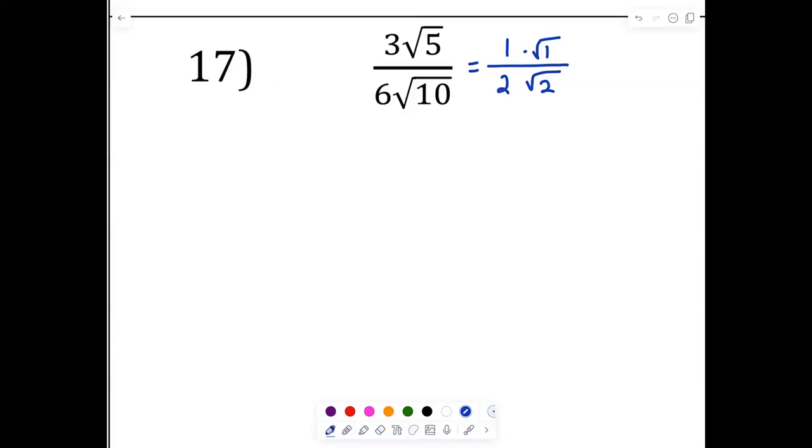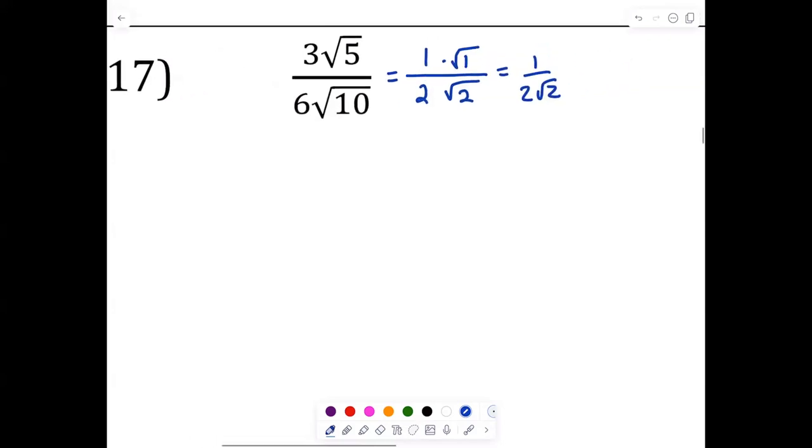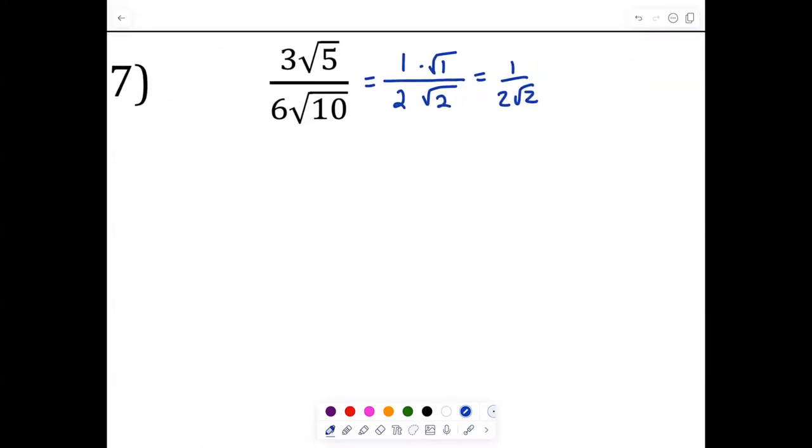So 1 times 1 is 1 over 2 radical 2. Now, what do I have to do to the top and the bottom? Multiply just by radical 2. Radical 2 plus 4. Anybody got any questions?